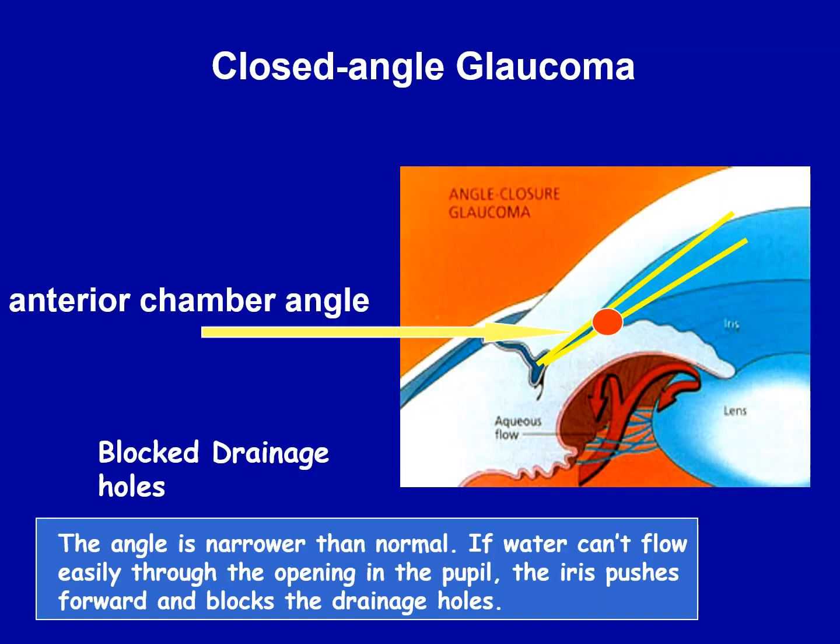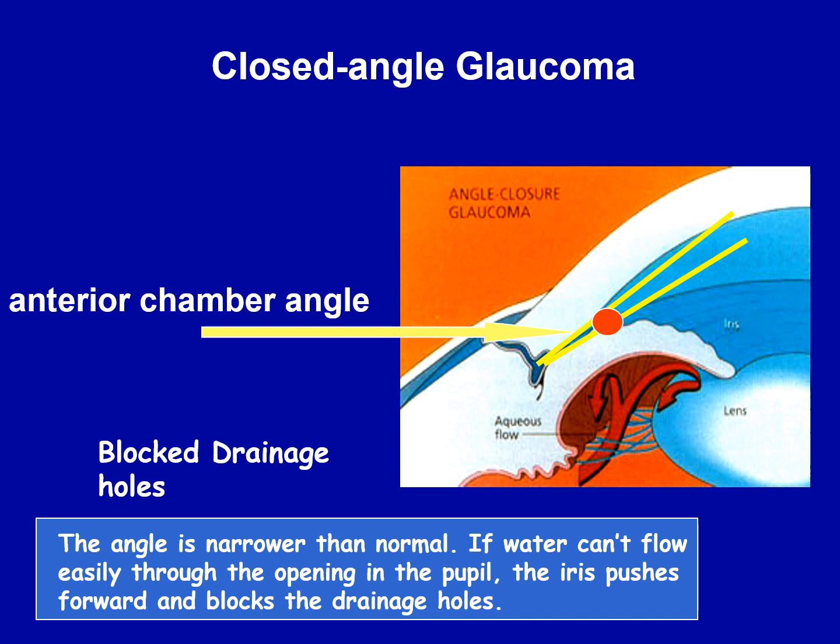In this picture, the angle of the anterior chamber is shown, which is narrower than normal, so that aqueous cannot flow freely through the pupil and it accumulates in the posterior chamber. Normally, the aqueous passes from the posterior chamber into the anterior chamber through the pupil, then through the trabecular meshwork into the canal of Schlemm, and then the episcleral vessels.